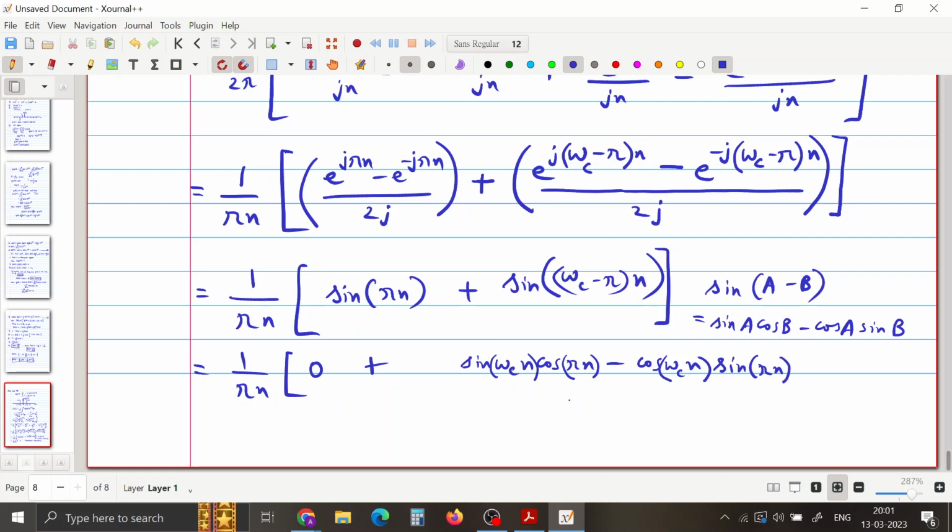Again this sine pi n becomes 0. So the second term goes to 0, and we are left with only this term.